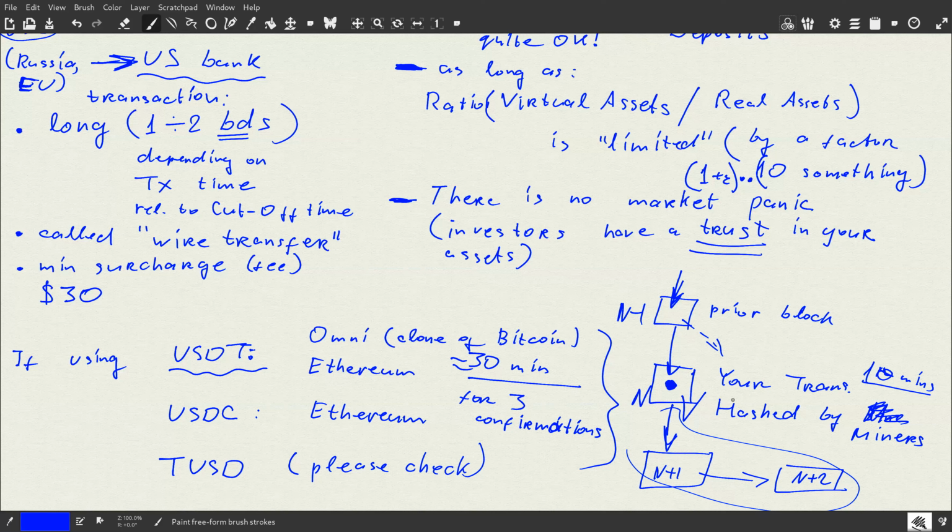The transaction cost for Bitcoin is determined actually not by monetary value, but by your size in bytes.